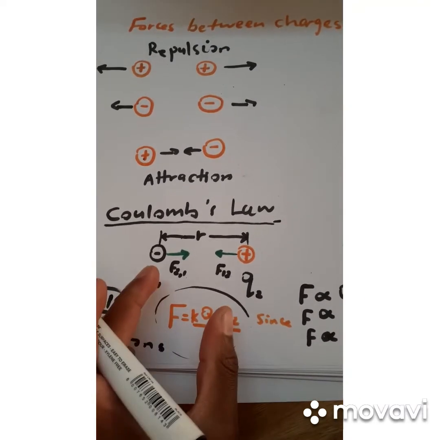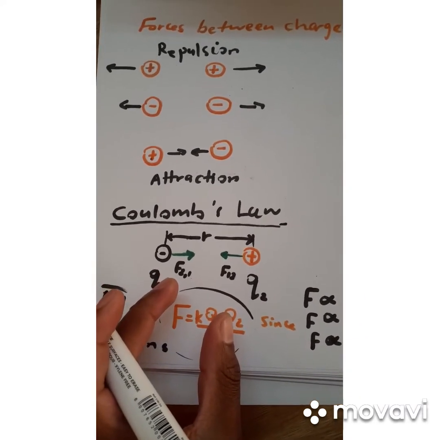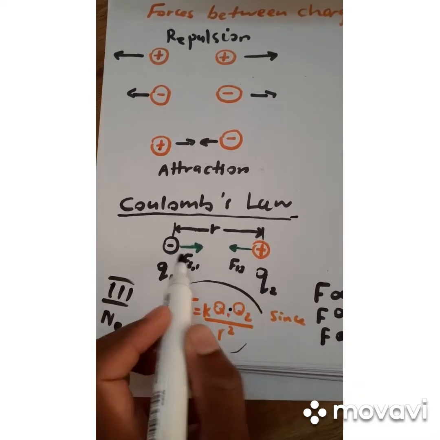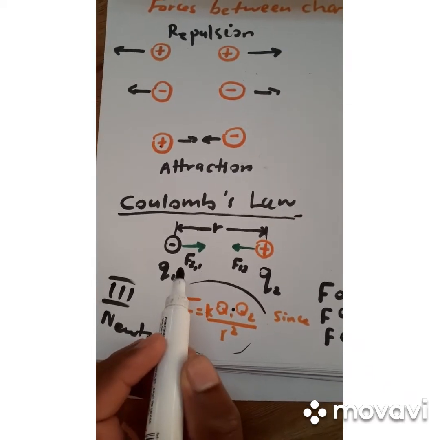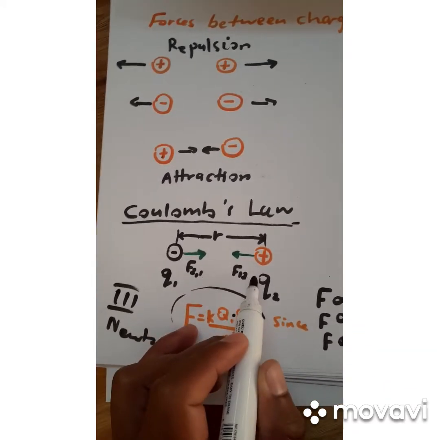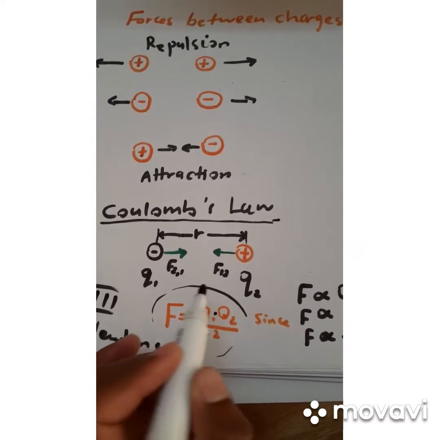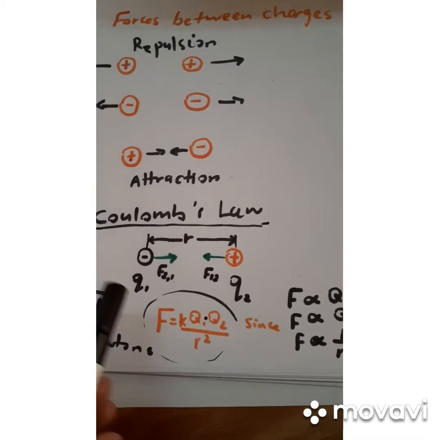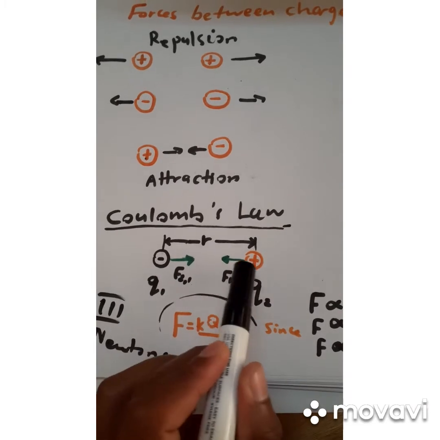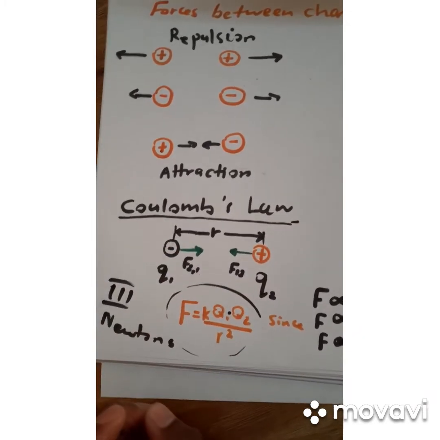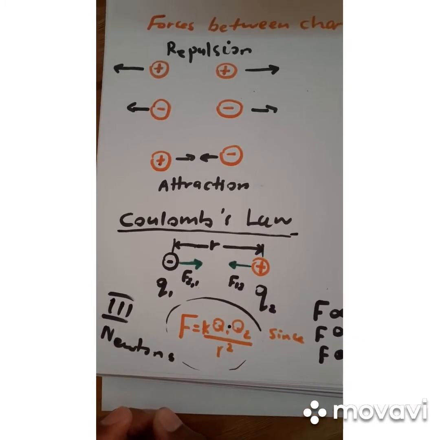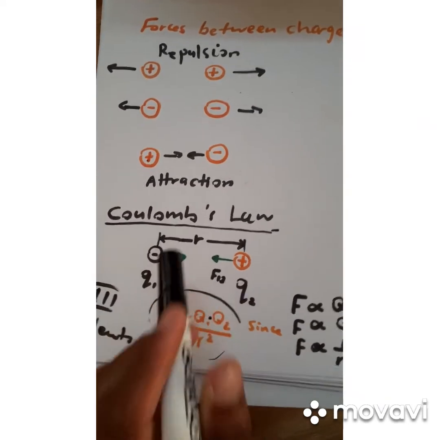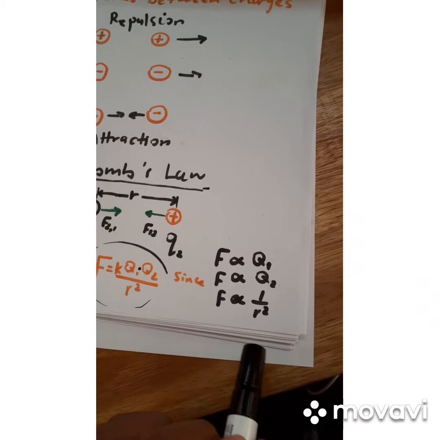Now you will note that for attraction, suppose we have these two opposite charges. For attraction to be much stronger, we did that experiment in grade 10. For attraction to be much stronger, we need to bring the two charges closer.